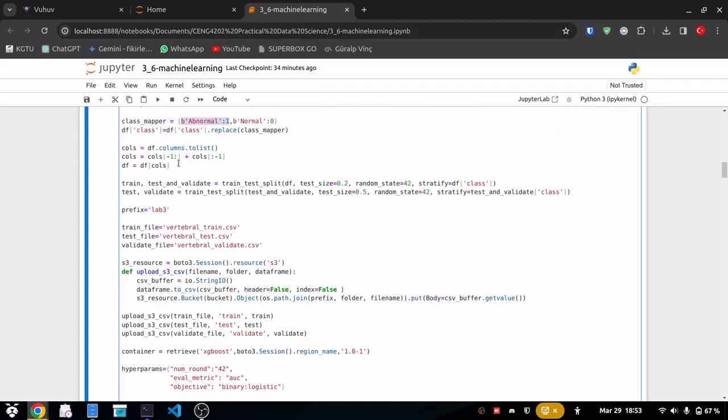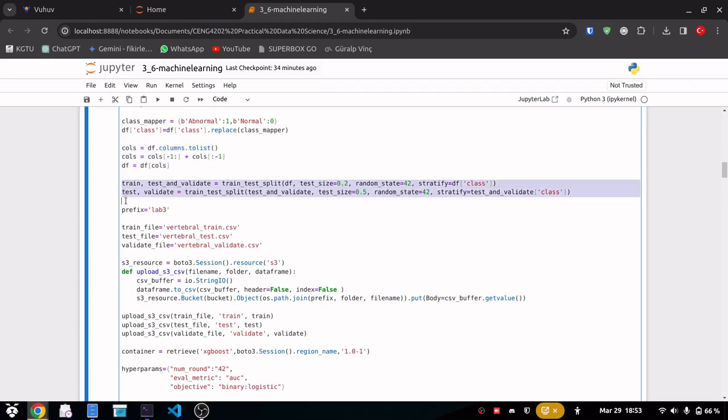After that we are moving our target feature into the first column. So we are moving the labels into the first column for our model to work with.